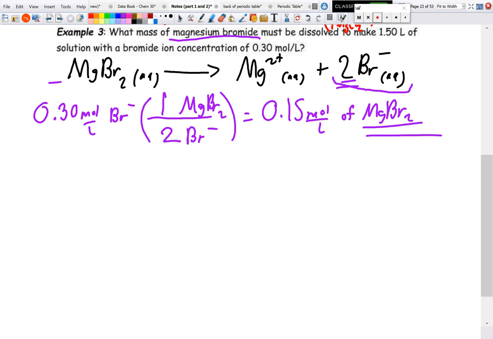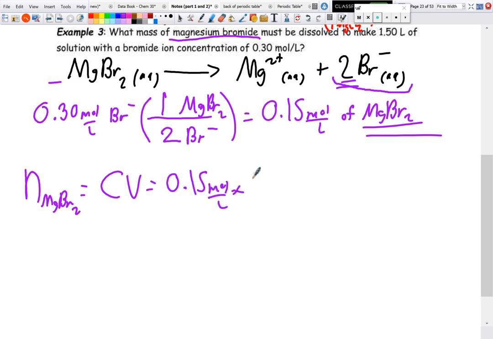MgBr2. Now this is exactly what we needed, because now that we have the concentration of magnesium bromide, we can find the number of moles of magnesium bromide by going C times V, and we have that concentration, and the volume is 1.50 liters.